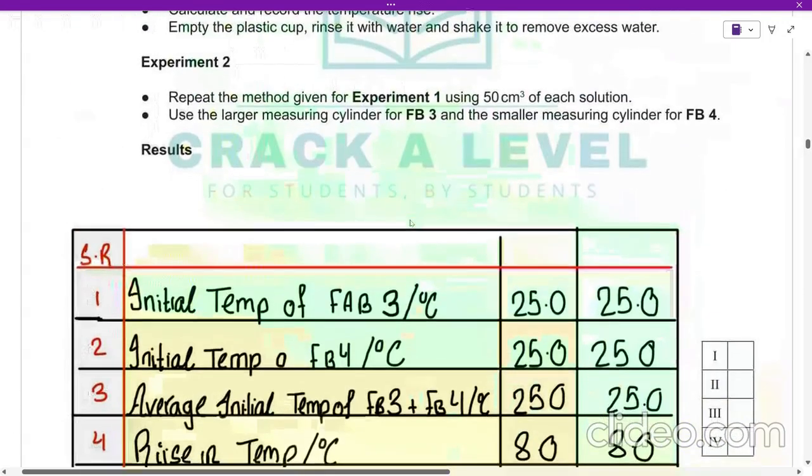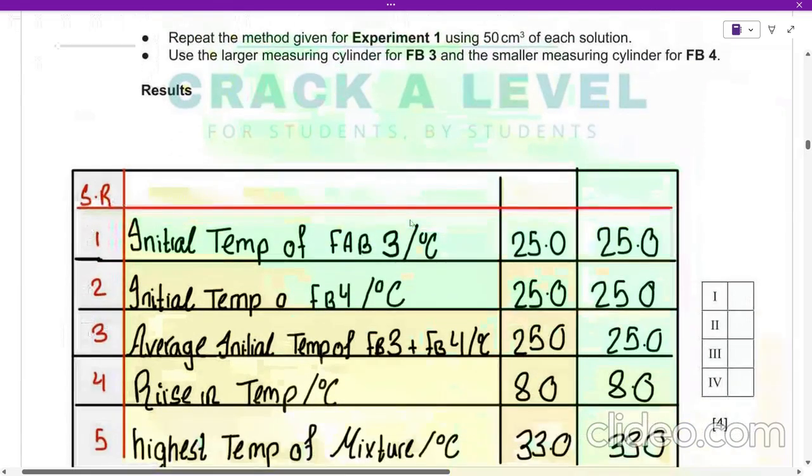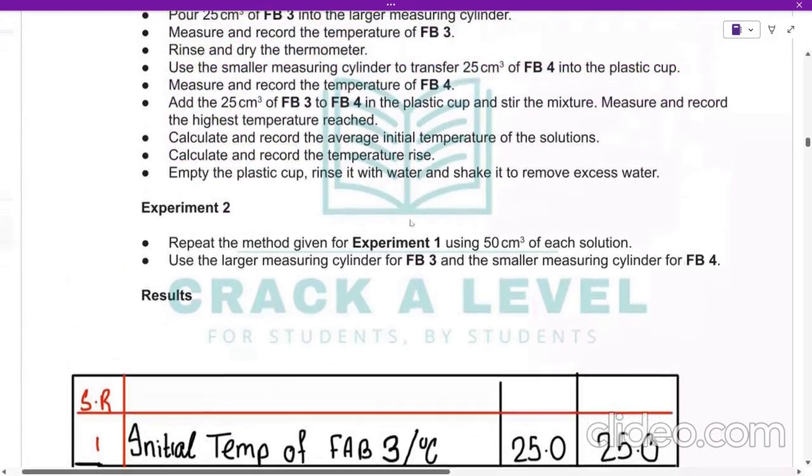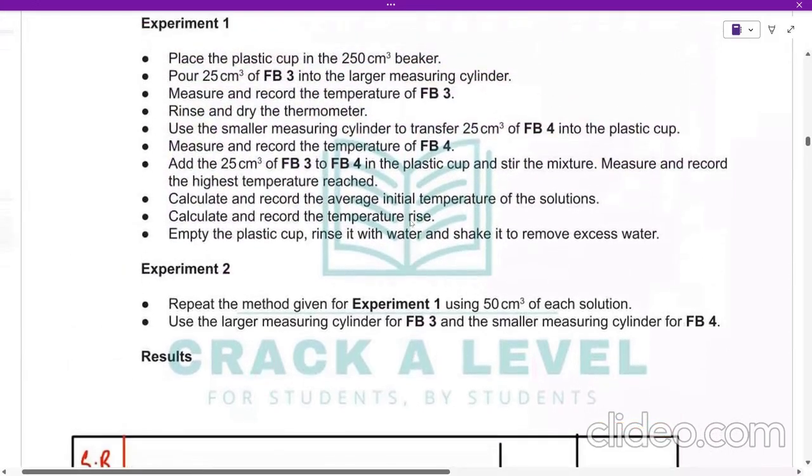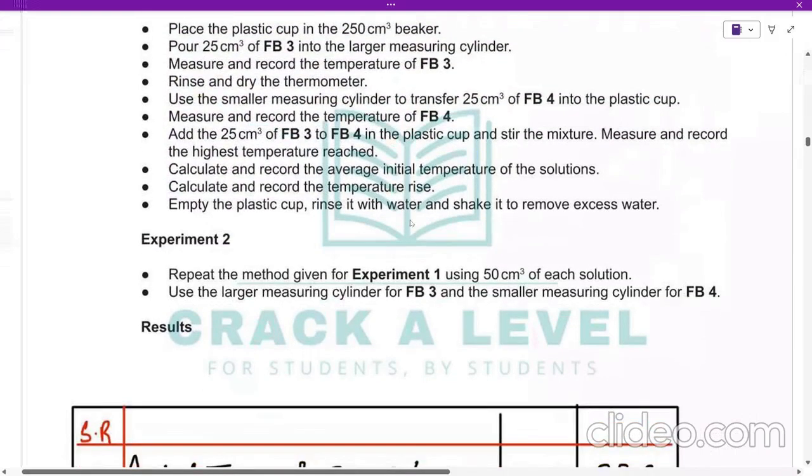Now let me check: repeat the method given for experiment 1 using 50 cm cube of each solution.